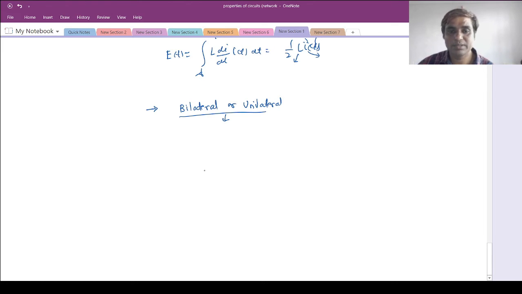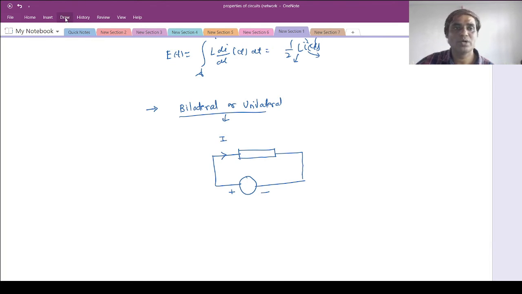For example, if I have an element like this, and I am connecting some source this way, with these as my terminals, first positive and negative, what will happen? Current is flowing in this direction. Now I will change the direction of the source, so it will be negative and positive.